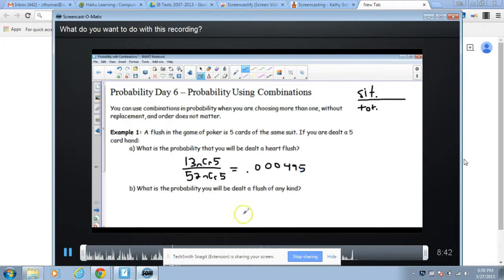Okay, so the next one would be the probability that you're dealt any kind of flush. So it's the same thing as last time, but this time there's 4 different suits. So we're going to have 4 possibilities of choosing 5 cards out of the 13 for each suit.